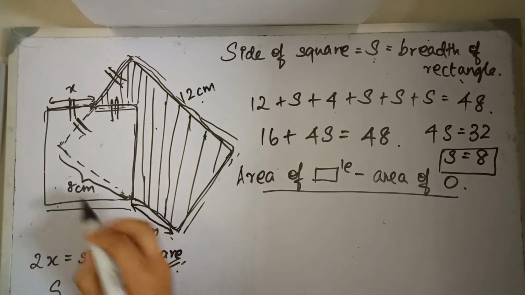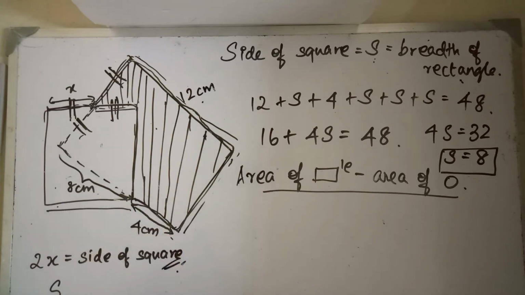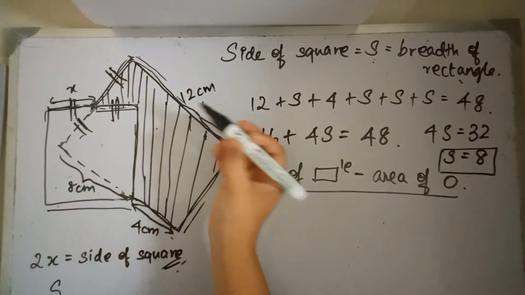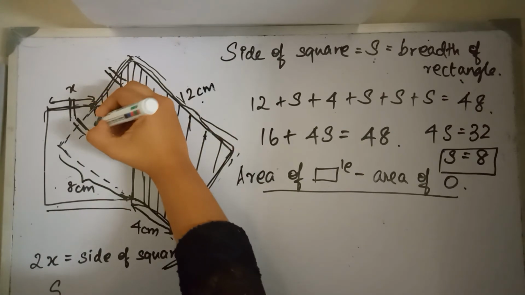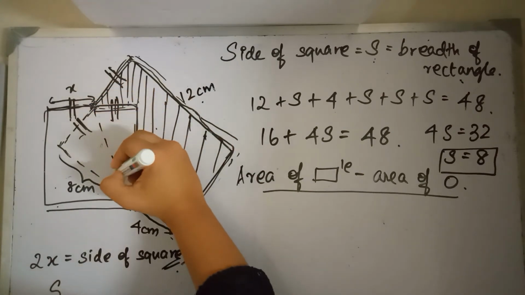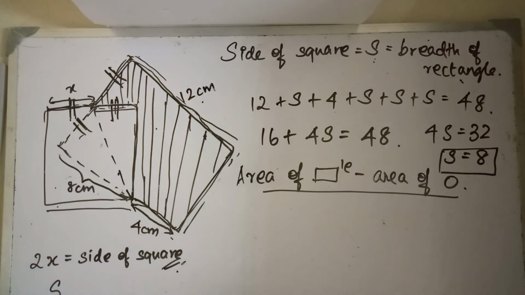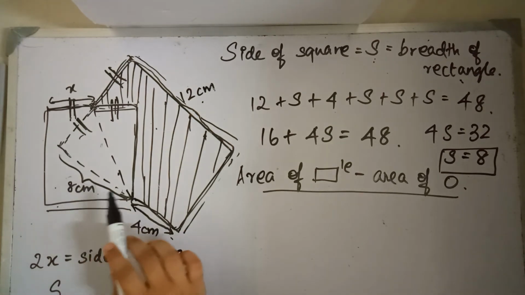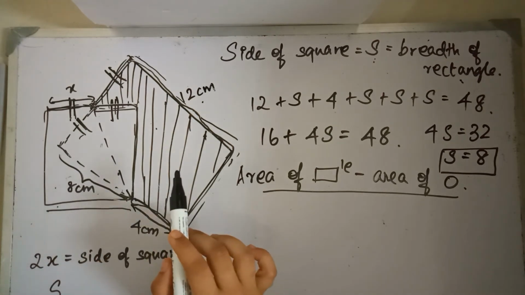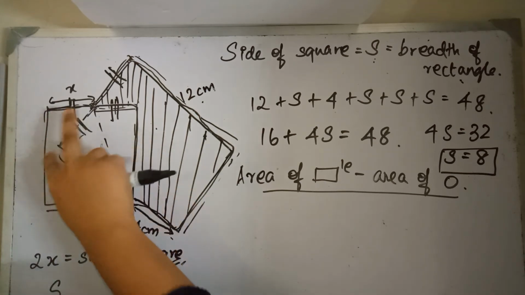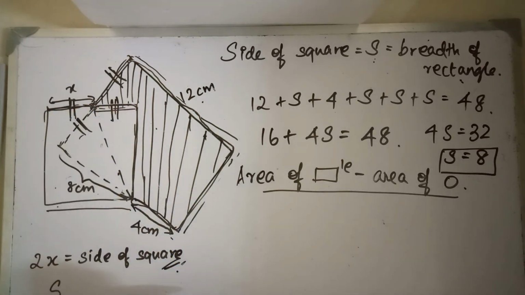Now, we know that this part is equal to 8. So now we are all set to find the area of this part. So let's see how to do that. Okay. So can we divide this into two triangles? Yeah, we can divide it into two equal triangles. I say that it's equal because this part and this part are equal.